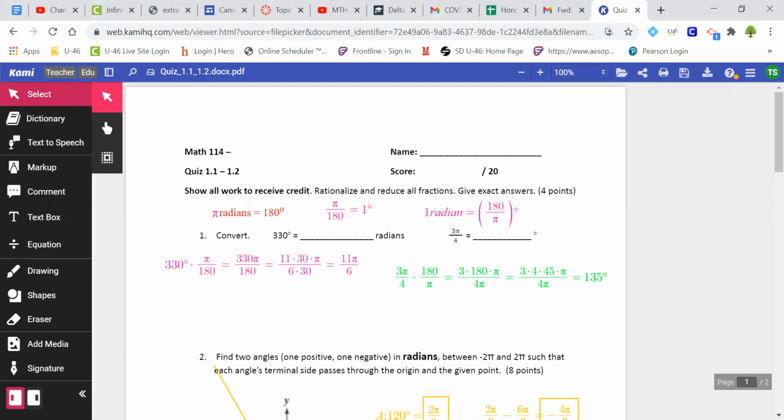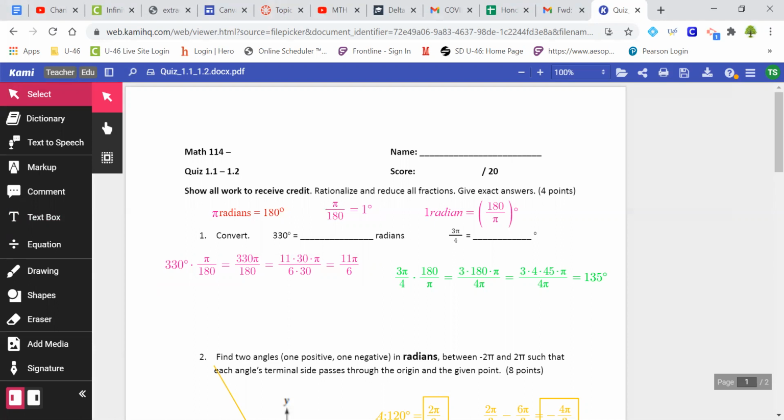Well, if I've got 330 degrees, I must have 330 pi over 180s. So that's 330 times pi over 180, which is 330 pi over 180. 330 breaks down into these two factors, which 30 is a common factor between top and bottom. They cancel out, leaving you with 11 pi over 6.